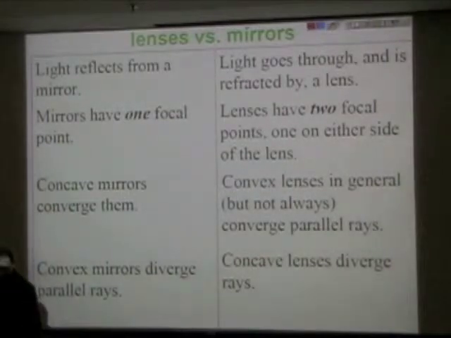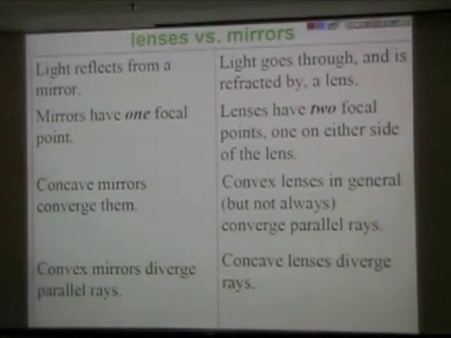And for the lens, the difference is that light is now actually getting through. So a lens could form a real image, but it's going to be on the other side of the lens. Also, it would form a virtual image depending on the situation.